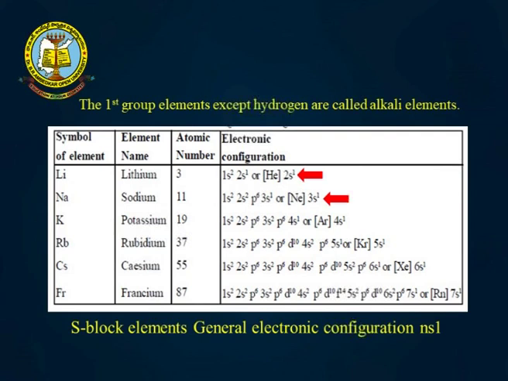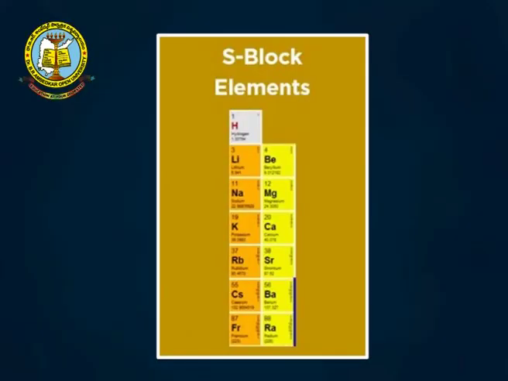The outermost shell has one lone electron. That is why the general electronic configuration of these elements is ns1, and why they are S block elements: the last electron occupies the s orbital. That is why it is called the S block.